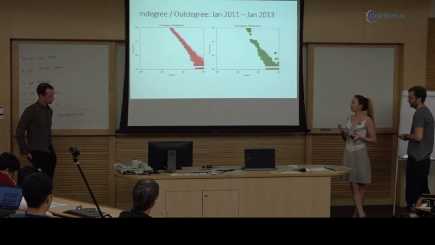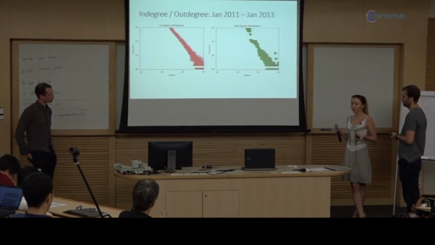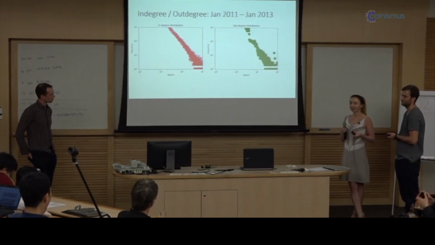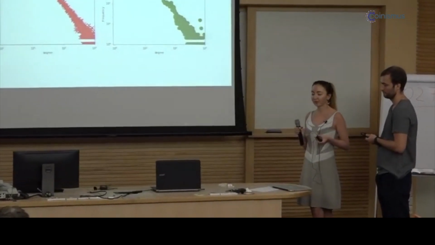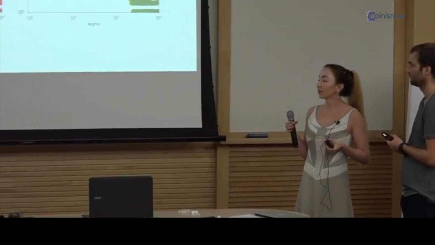But out-degree could be more homogeneous, because it means that we were sending money. It's not weighted, so we just see that some transactions were made by some wallet. So the in-degree distributions in both periods showed that it's a power law, a scale-free network.